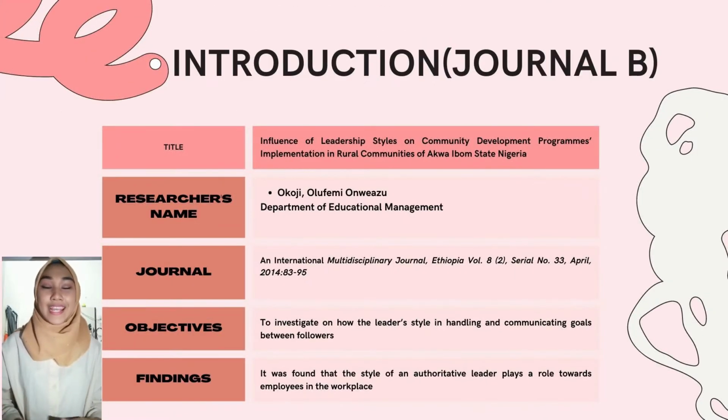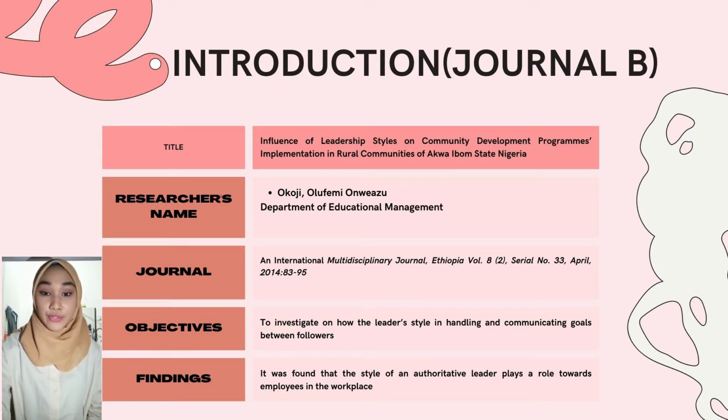Moving on to the next journal, Journal B. The title of this journal is Influence of Leadership Styles on Community Development Programs Implementation in Rural Communities of Akwa Ibom State, Nigeria. The researcher's name is Okuji Olufemi Owezu, from the Department of Educational Management.